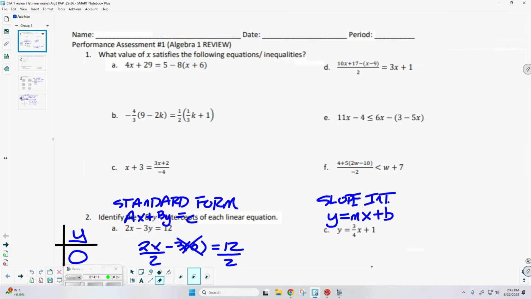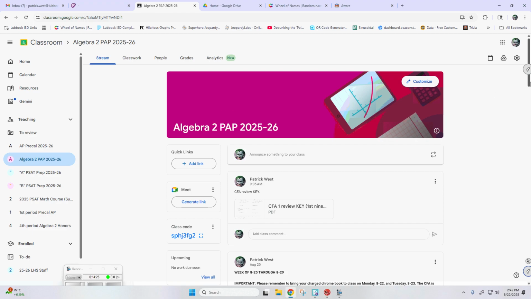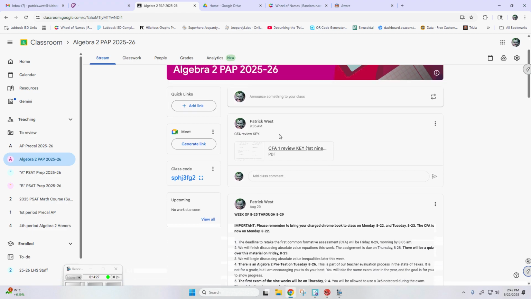So here's that review from yesterday. Remember, this is what's going to get you ready for that CFA. If you didn't notice, let me show you the class website real quick. I did it earlier this morning. Here's Algebra 2 Pre-AP. You'll notice this very first listing.